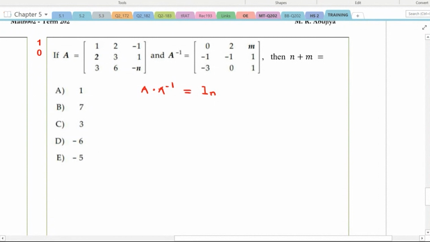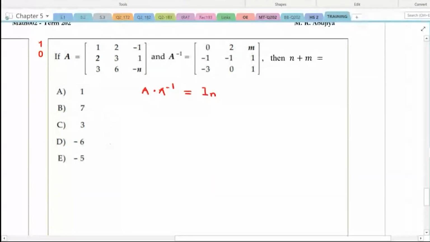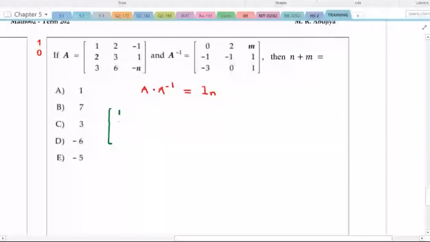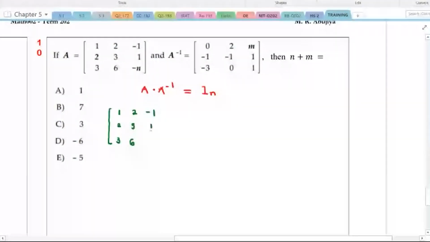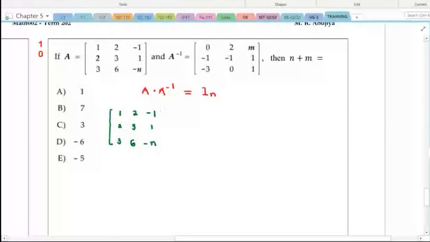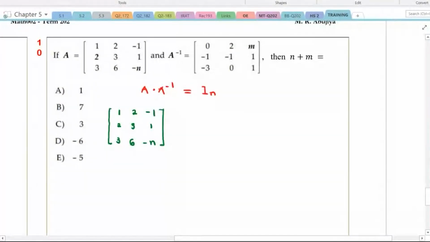How do we do that, gentlemen? So here we can say A, we have 1, 2, 3, 2, 3, 6, minus 1, 1, and minus n. And this is the matrix A. And what is the A inverse?